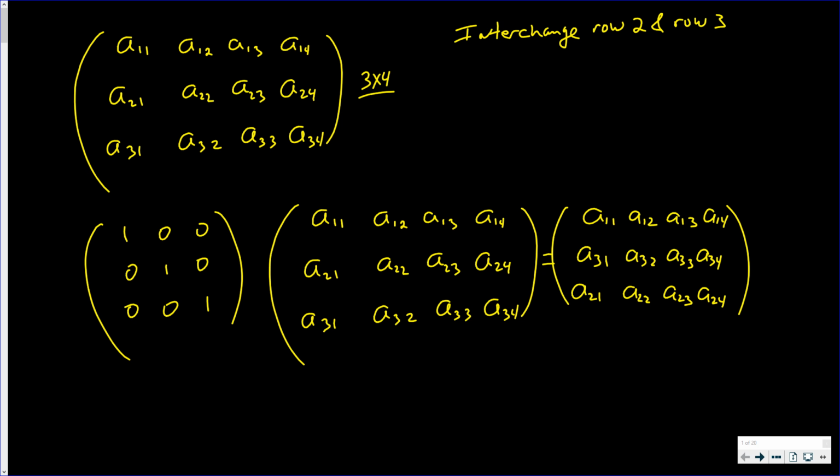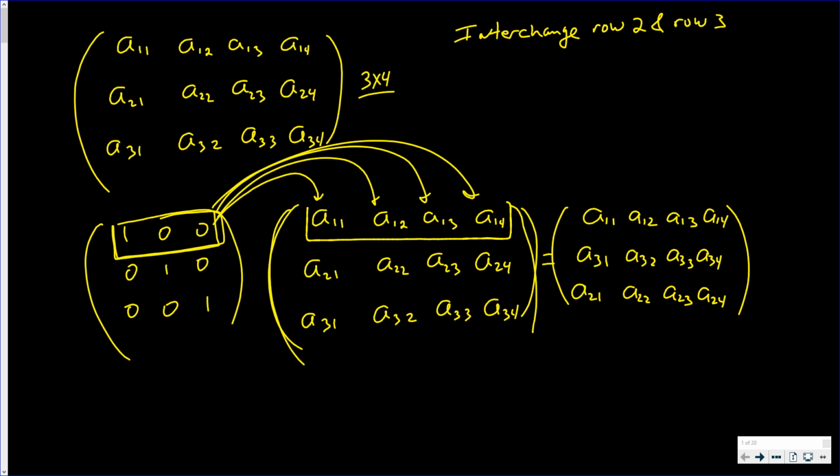Now, regardless of what row that is that I just boxed, when I dot it with the first column, the second column, the third column, the fourth column, or if you prefer, if I multiply this by the entire matrix, I am going to get row 1. If I dot this with this matrix, I'm going to get row 2.